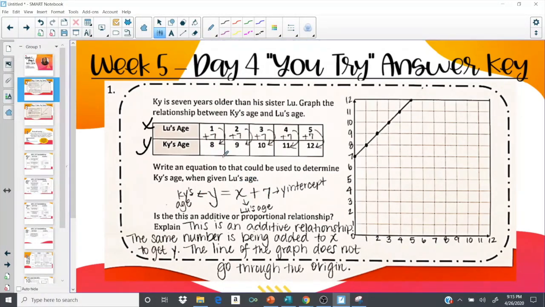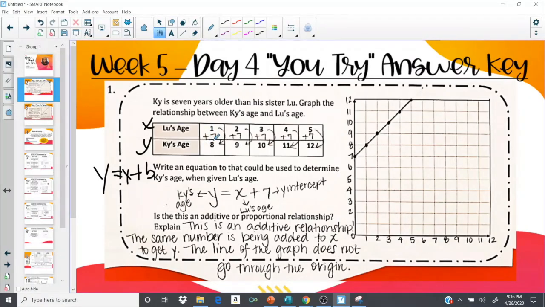So when we have a relationship that is additive, we use the equation y is equal to x plus b. B represents your y-intercept. So we figured out from the table our y-intercept is positive 7.